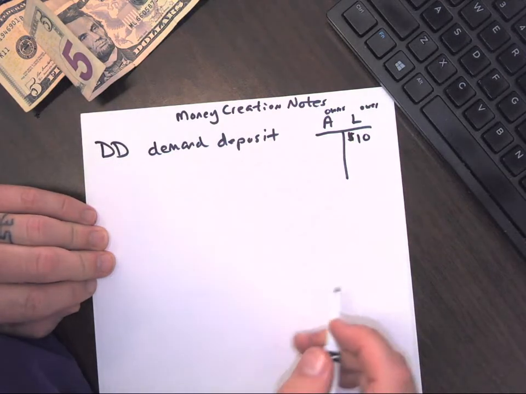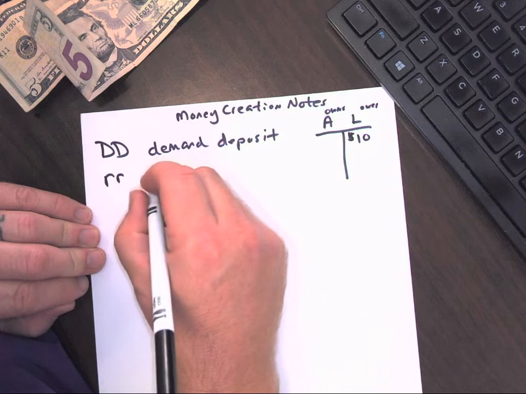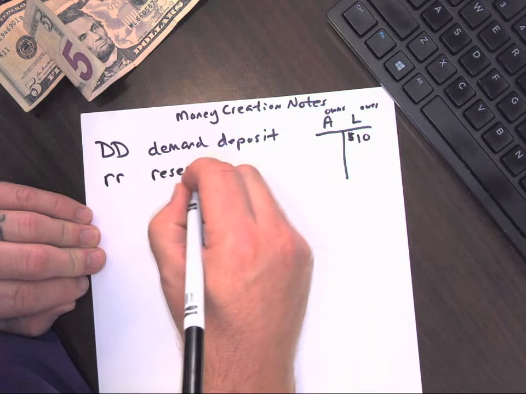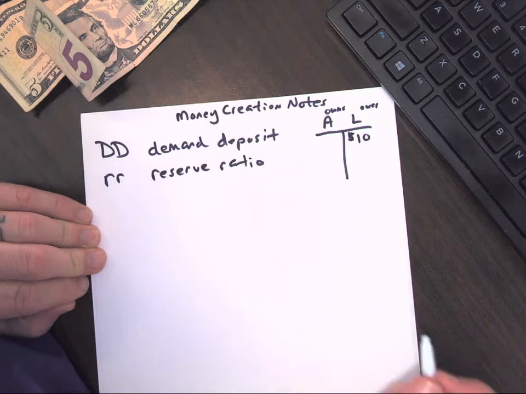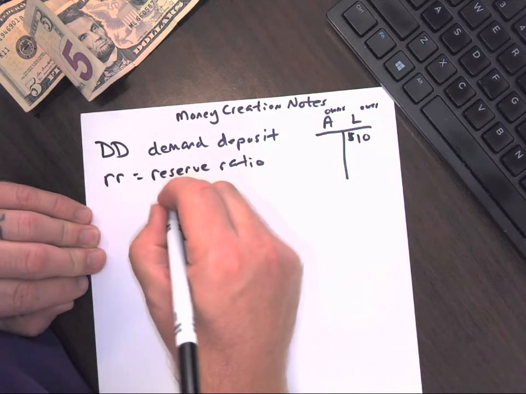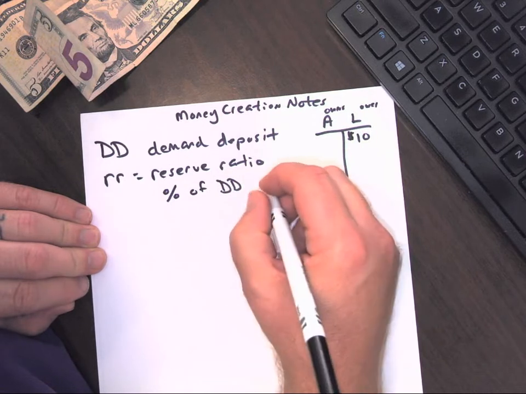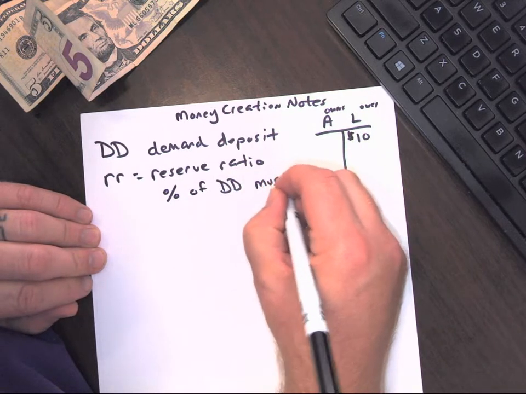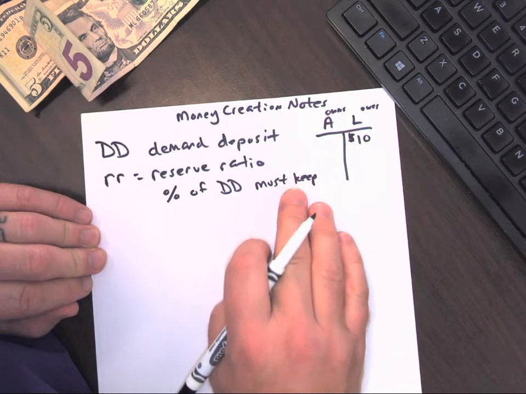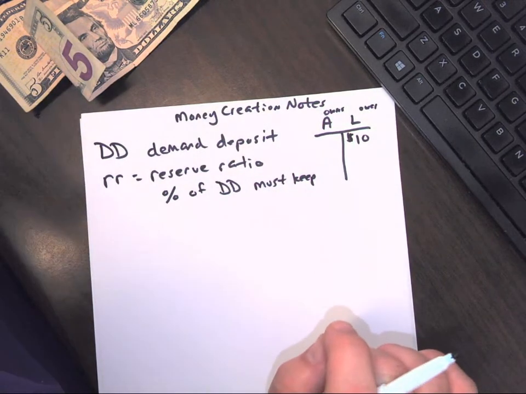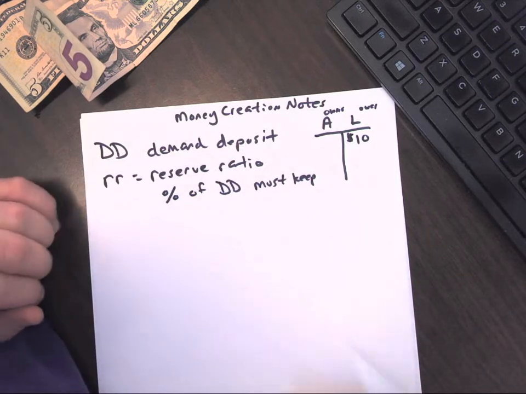Now, of your demand deposit, by law, there's what we call the reserve ratio. The reserve ratio is a percent of your demand deposit that the bank must keep. They have to keep this in the bank. Remember the Great Depression when we had the run on banks and people ran to the bank and took all their money out?